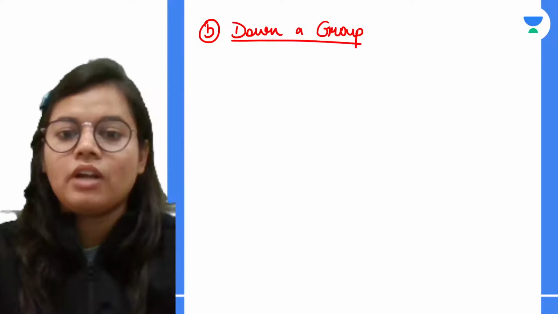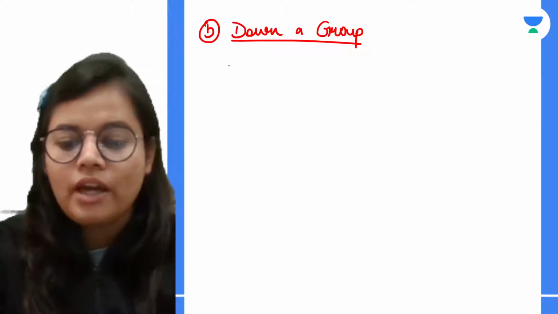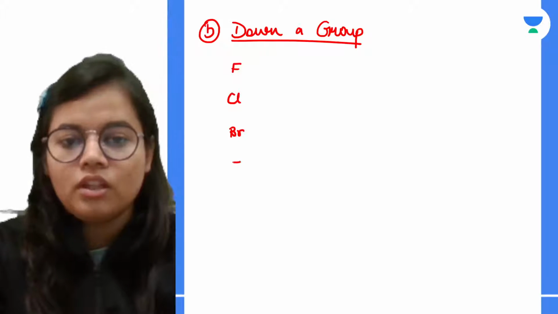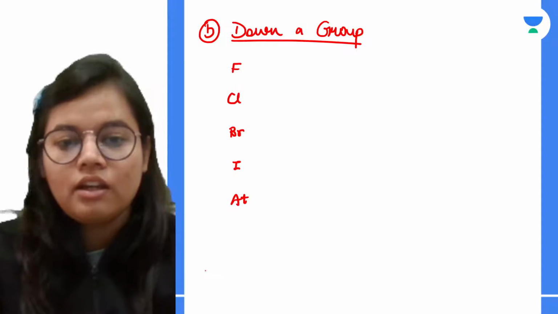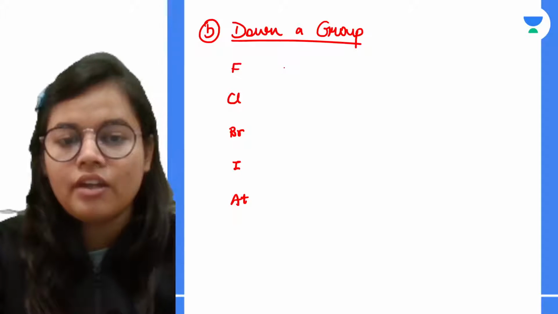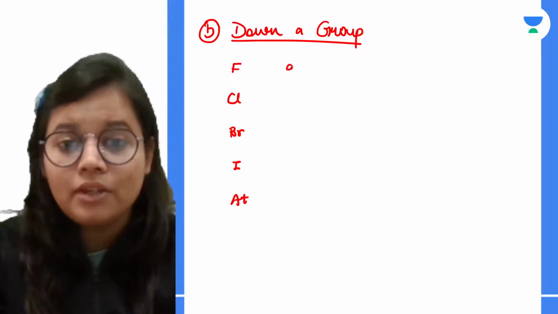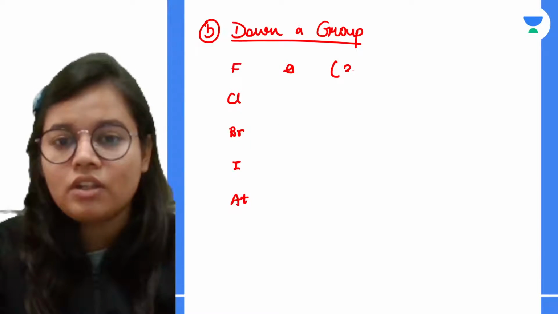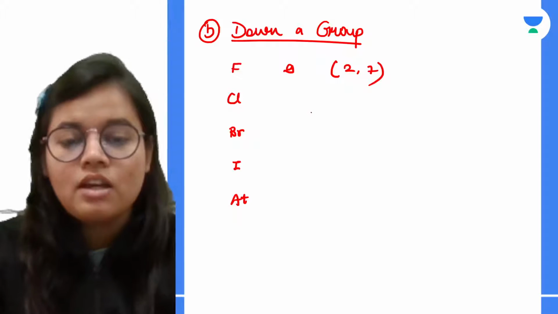Okay, if I talk about down a group, let's suppose I am talking about the halogens: fluorine, chlorine, bromine, iodine, and astatine. Here we have atomic number 9, with electronic configuration 2, 7.